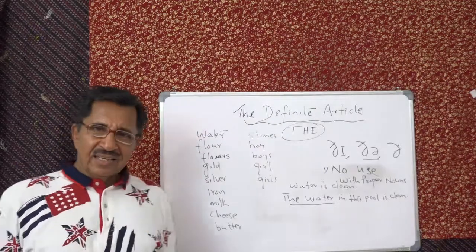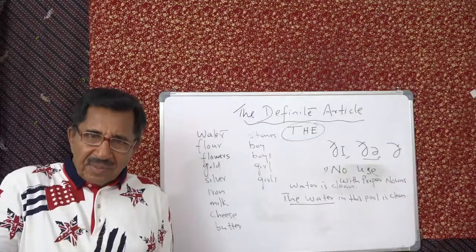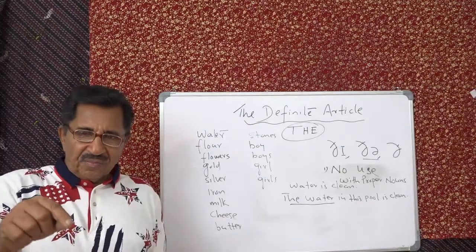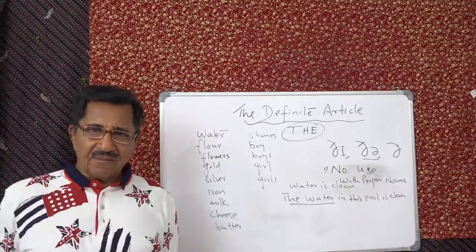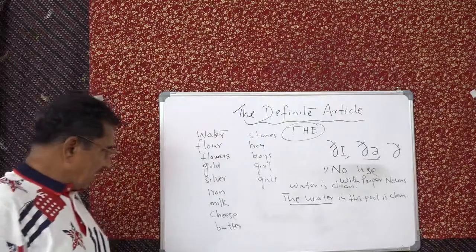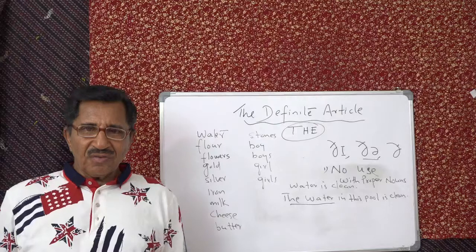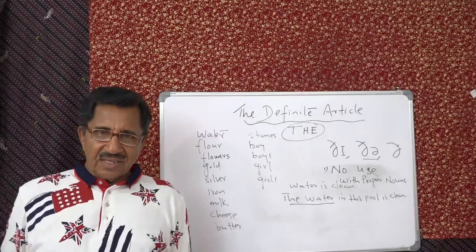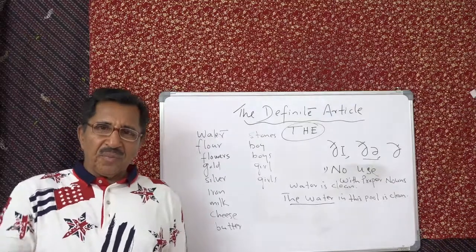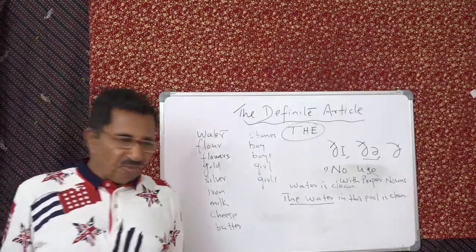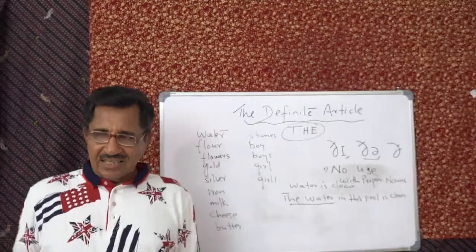Milk. Milk is healthy. The milk got from that place is unhealthy, maybe adulterated. Cheese. Cheese is good for health. But you say the cheese bought from that shop is yellow. Butter. Butter is tasty.